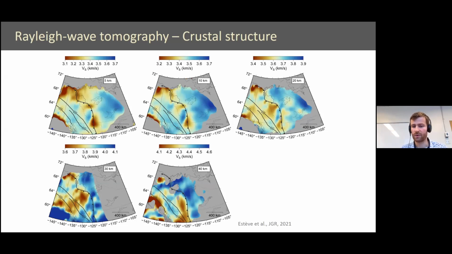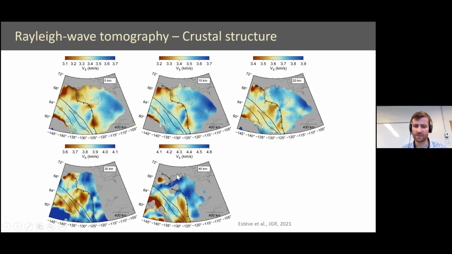And now we have very slow shear wave velocities across the Cordillera, especially from the plate boundary to the Mackenzie Mountains and to the Cordillera deformation front. And that's quite remarkable that it stops right where the deformation front is. And there's a clear dichotomy between the Canadian Shield and the Cordillera here, with high velocities in the Canadian Shield and low velocities within this portion of the Canadian Cordillera.